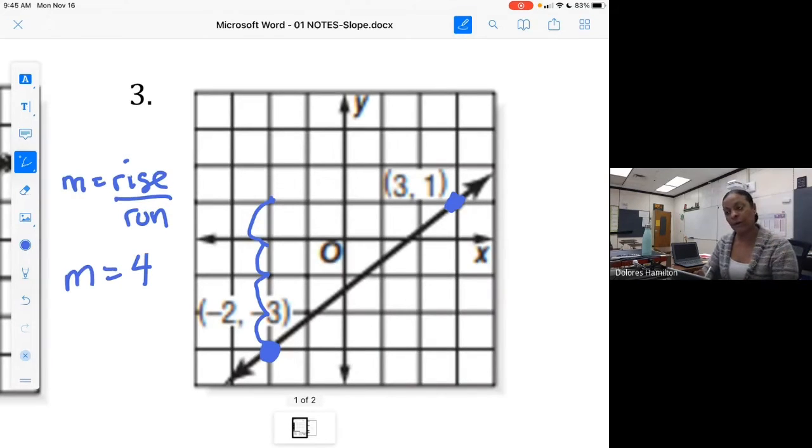And then we want to figure out how far across we have to go. And since we went up, that's positive. If I'm going to the right, that's also positive. So we would have to go across, that's the run, 1, 2, 3, 4, 5. So we would have to go up 4 and to the right 5. So this slope would be 4/5.